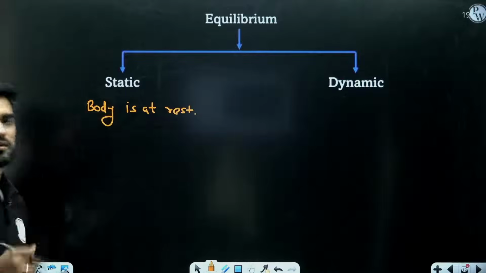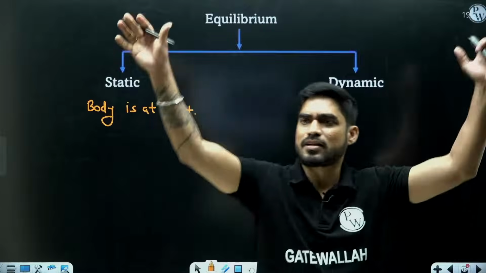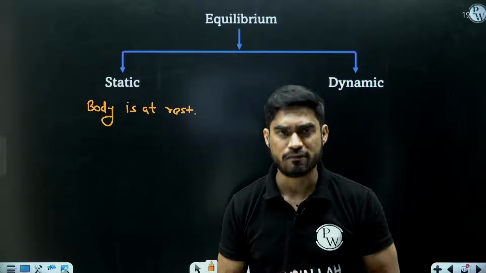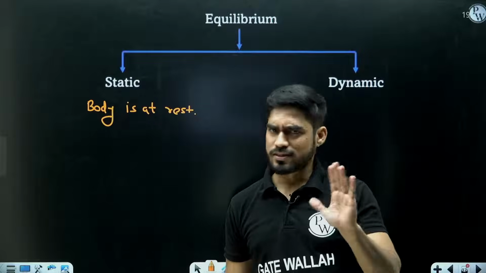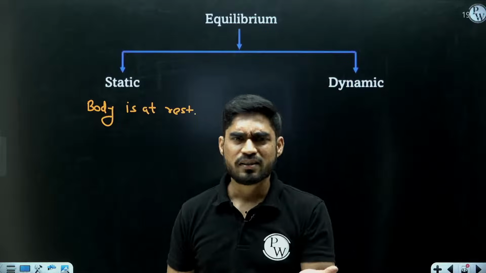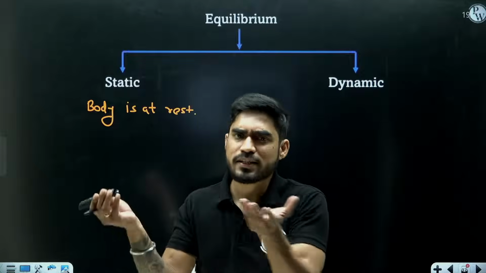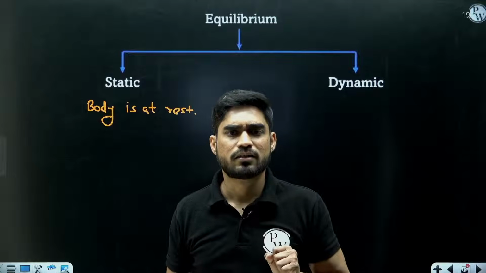For example, let's consider any one member of the structure you are living in, the house you are living in, beam or column or bar, whatever structural member you consider. That member is in static equilibrium because it is at rest. It is not moving.